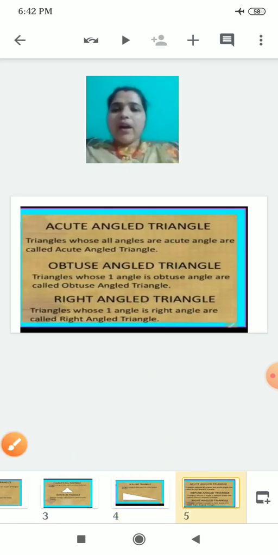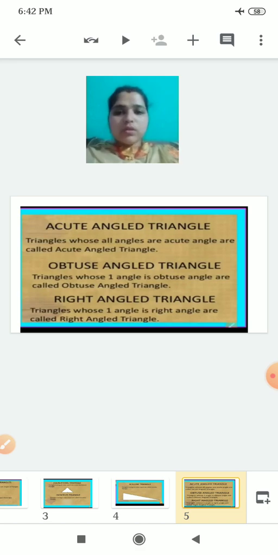Now we have the triangles on the basis of angles. So first we have the acute angle triangle. The triangles whose all angles are acute are called acute angle triangles. It means more than 0 but less than 90 degree. Next we have the obtuse angle triangle.